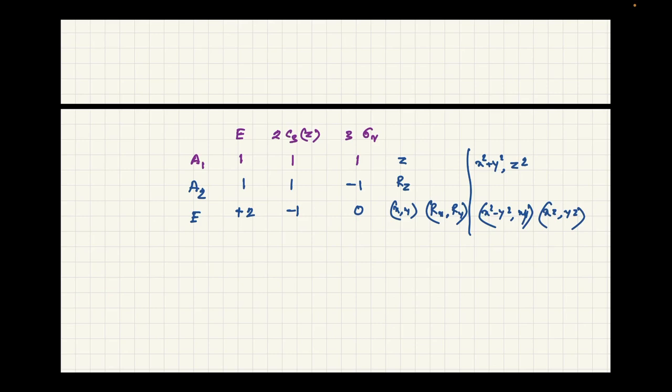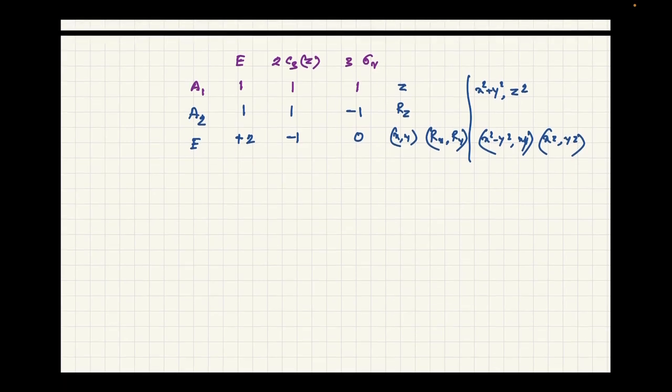Now first, using the Cartesian coordinates on each atom, for NH3 the total number of atoms N is 4, right? So 3N will be 4 cross 3, which is 12. Total 12 degrees of freedom and 12 Cartesian coordinates.